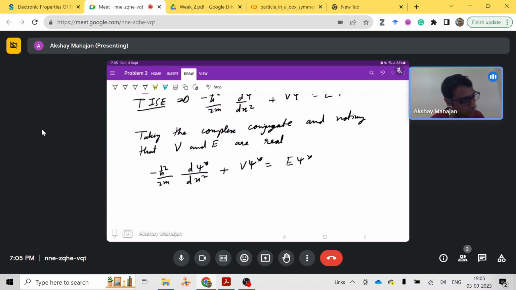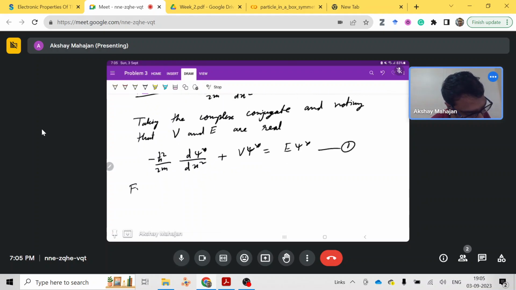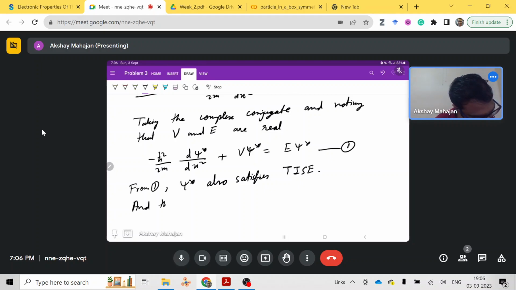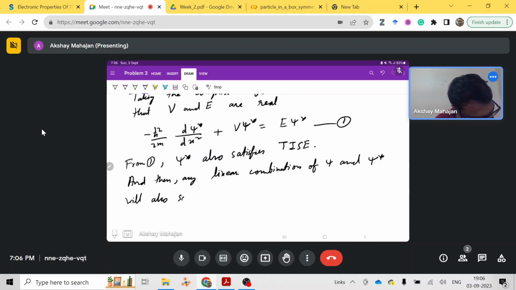So let's say this is equation number 1. Now from 1, psi star also satisfies the TISE, the time independent Schrodinger equation, and then any linear combination of psi and psi star will also satisfy the TISE.